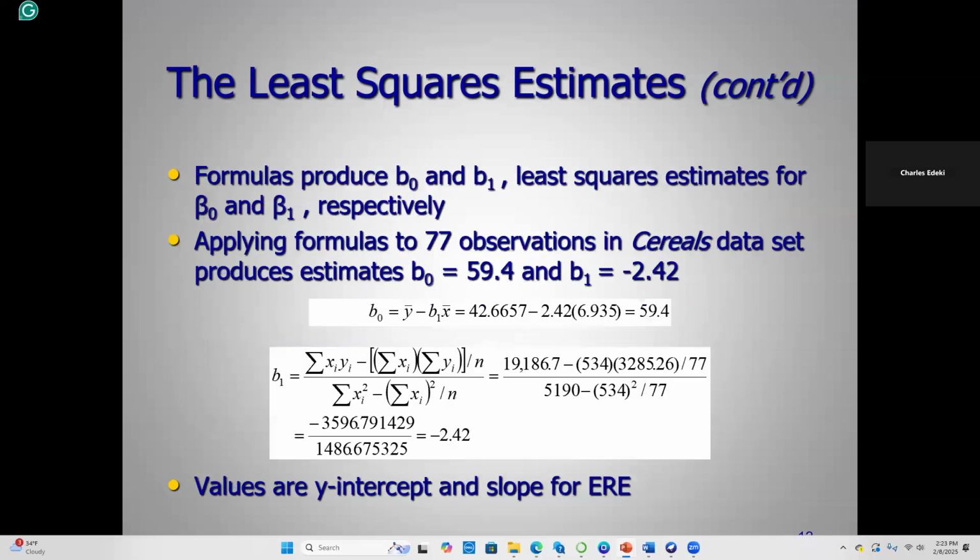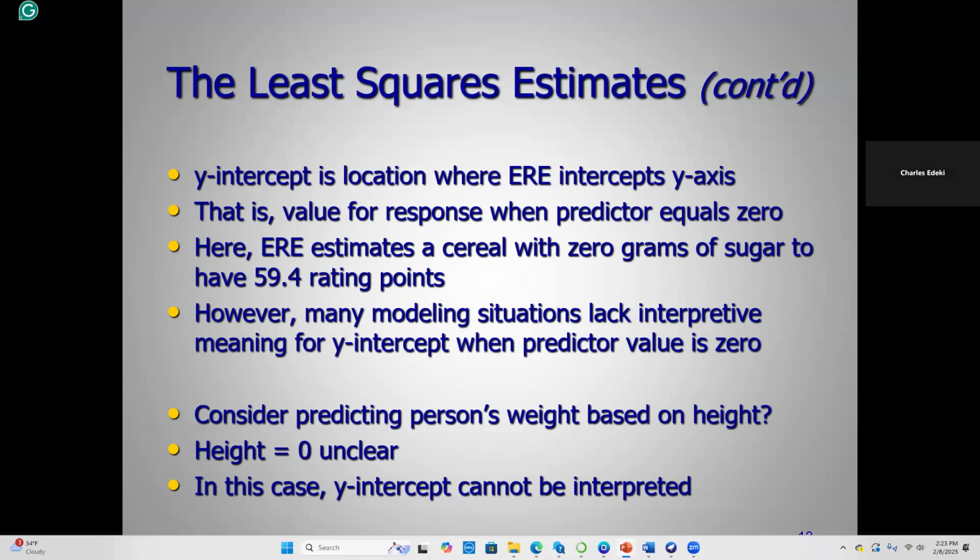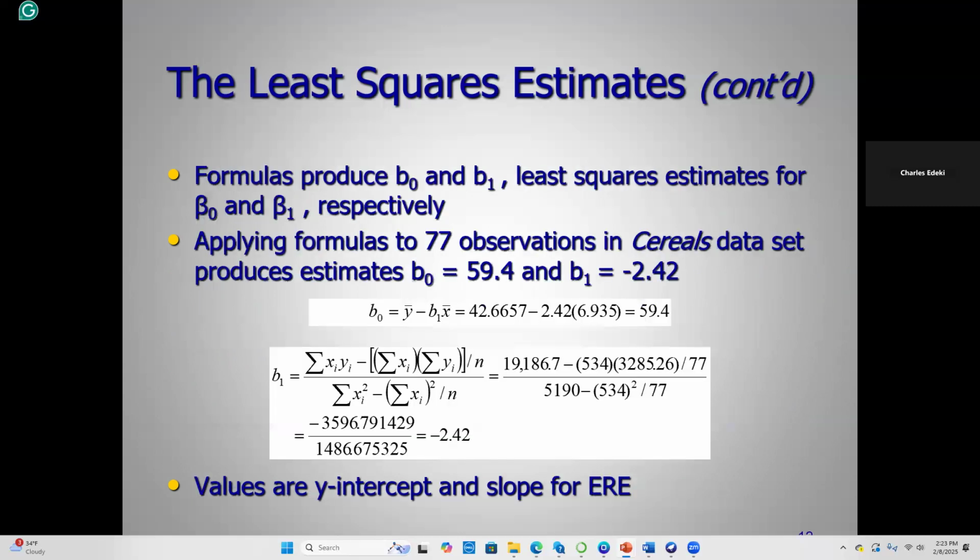I think it should be in the next slide. Let's see. No. So we don't have the data, but let's say B0 equals y mean minus B1 times x mean. Based on the data set, we can find both values, x mean and y mean.